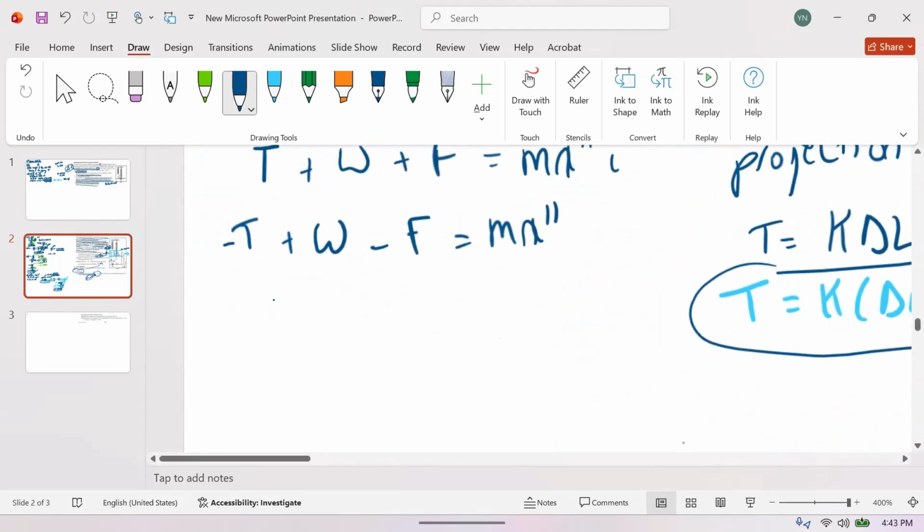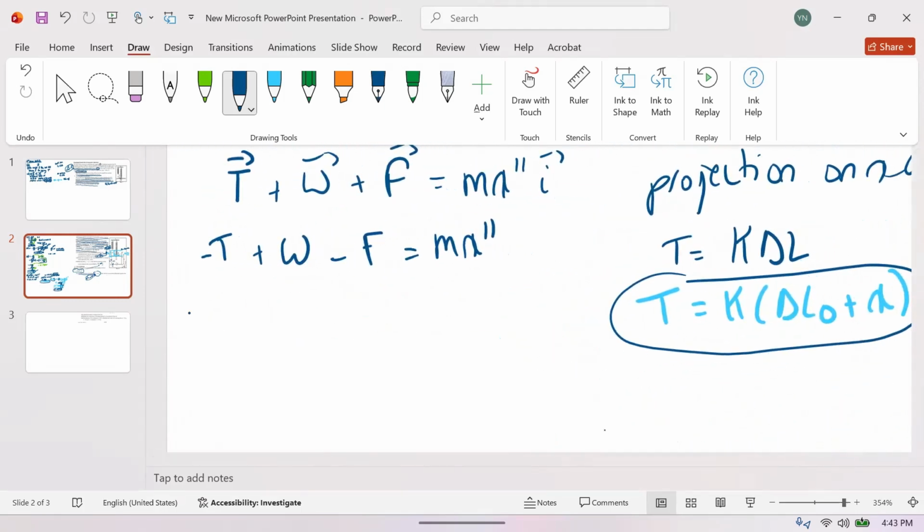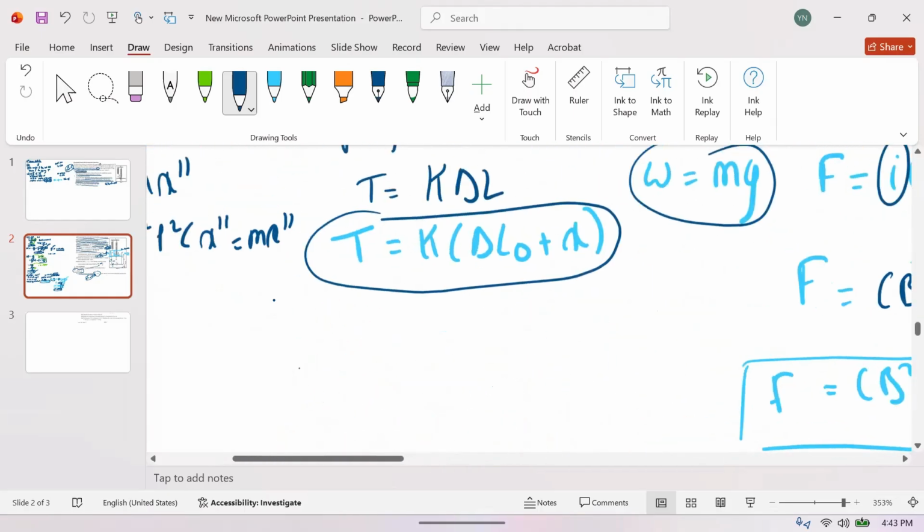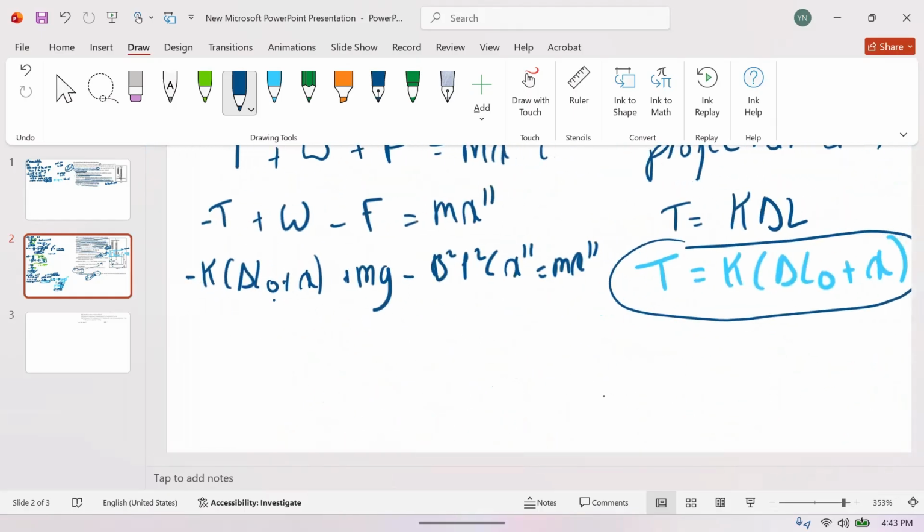Okay, so minus T, it's simply minus k times (delta L0 plus x). W is mg. F is minus C B squared L squared x double prime, equals mx double prime. Did I forget something? C B squared L squared x double prime. That's it. Now expand, remove the parentheses.